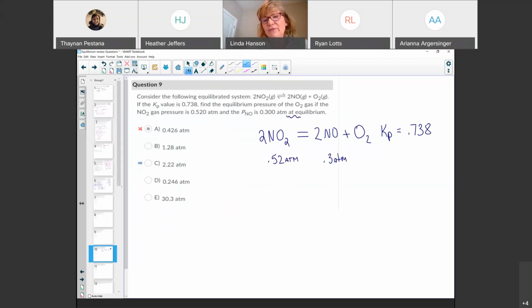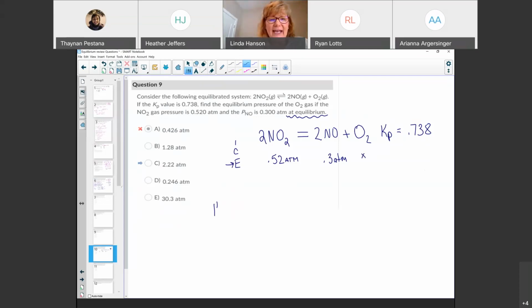And here are those words that we love to read. At equilibrium lets me know I don't need an ICE chart because these are equilibrium values. So this story problem really is just asking us to solve for X. And we have all the information provided for us. And sometimes I always think it's the easiest problems that get us.